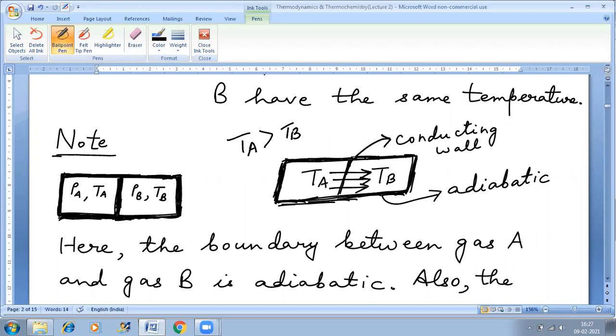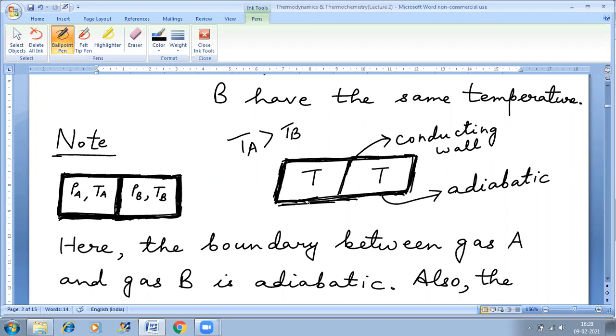Now after a certain point of time, maybe after half an hour, after 1 hour, because heat has started flowing, eventually both the temperatures will become equal. That means a point will come where we have a common temperature T. Once both the compartments have arrived at the same temperature T because heat was flowing through the wall, there is no further flow of heat.